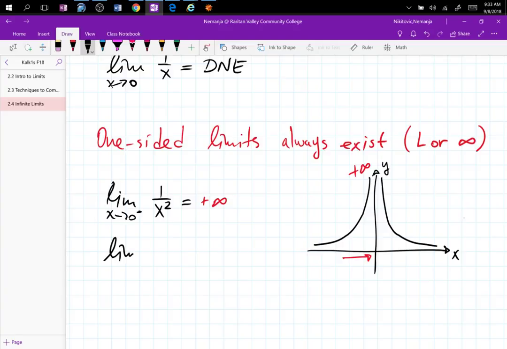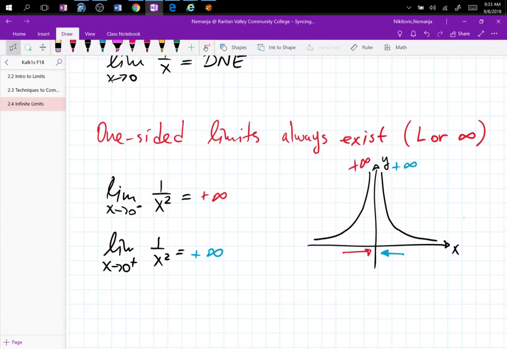So this is x approaches 0 minus. Then I have the limit as x approaches 0 plus, which is from the right, and we also find positive infinity. Now these two guys match, so the overall limit of 1 over x squared is also positive infinity.